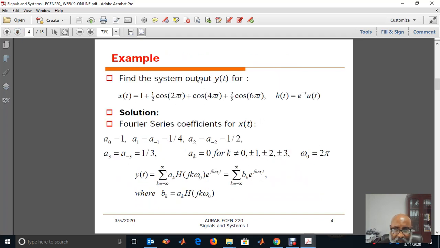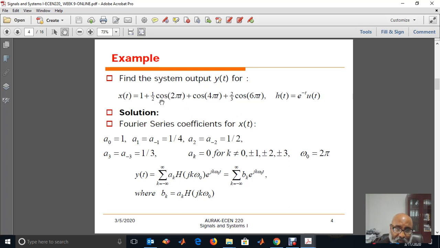Let's see this example. In this example, we have x of t equal to 1 plus half cos 2 pi t, plus cos 4 pi t, plus 2 over 3 cos 6 pi t. And I have a system h of t equal to e to the power of minus t times u of t. This is an exponentially decaying function and it starts at t equal to 0 because of u of t.